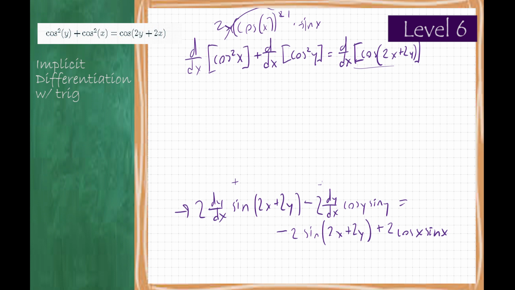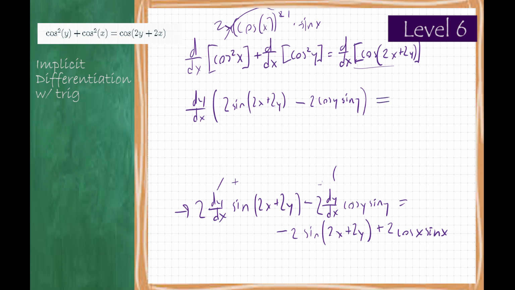So at the end, we'll just be dividing the right-hand side by the left-hand side, and then dy over dx will be by itself. So dy over dx times 2 sine 2x plus 2y minus 2 cosine y sine y, and this is equal to that whole right hand side.